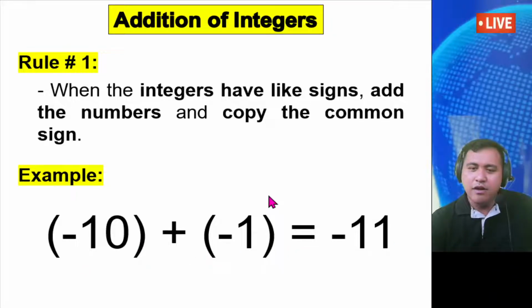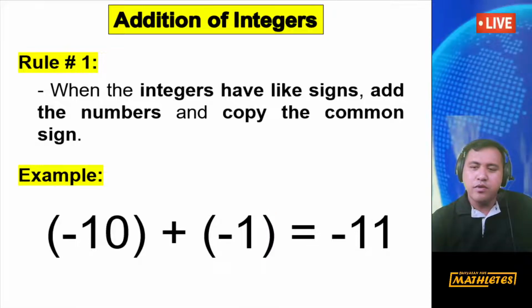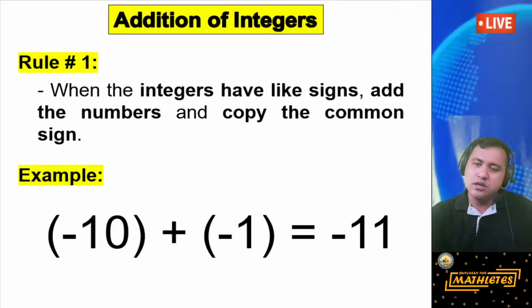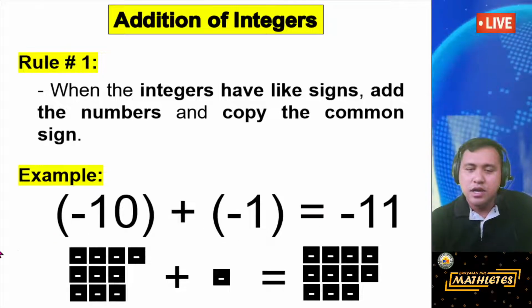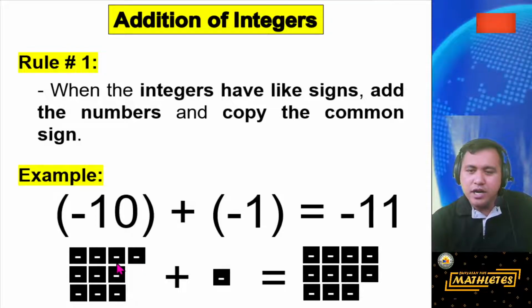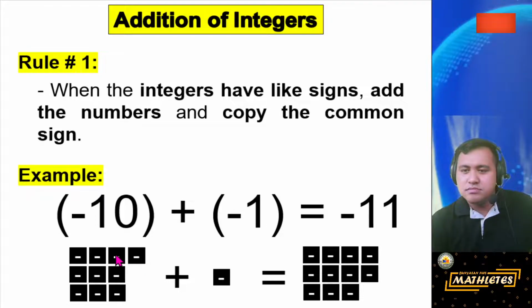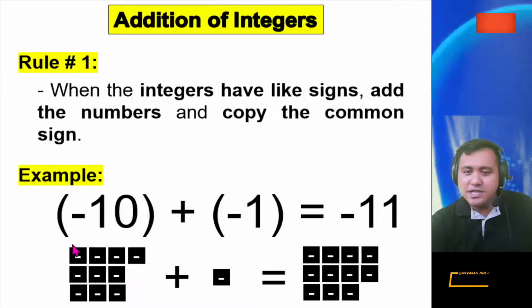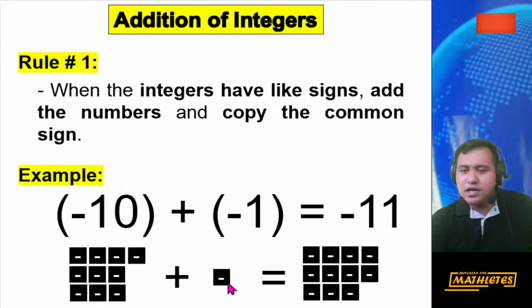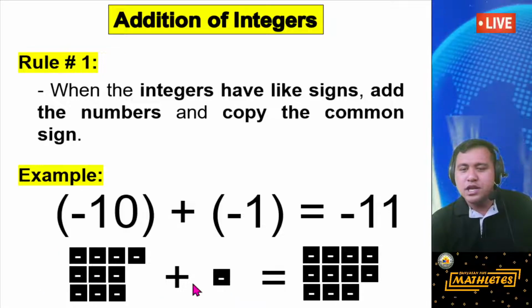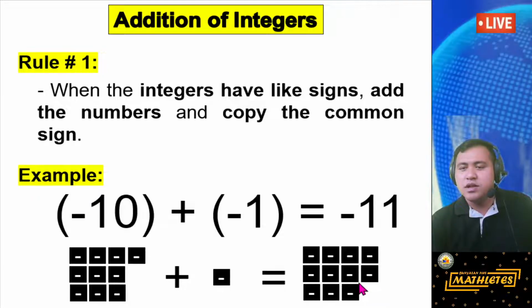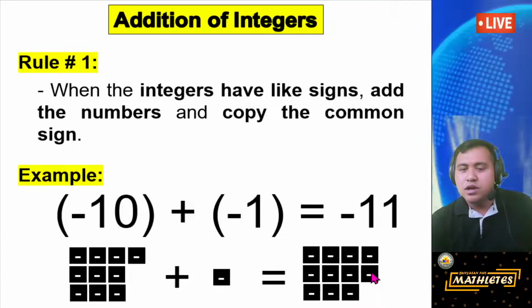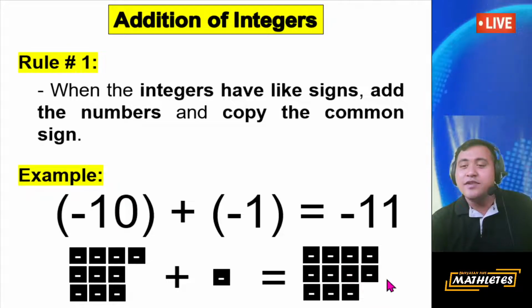Now, if you are going to illustrate that one using tiles, there are 10 negative tiles, black tiles there. Plus gidugangan natong itom isa. Pareho man sila itom, so dugang ra. So 11 negative tiles are there.